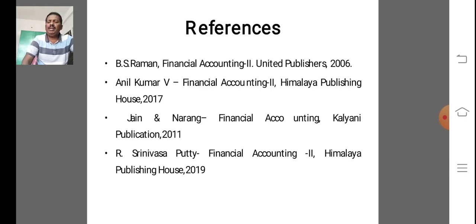However, while ascertaining the results of the branch at the end of the year, such load, the difference between the invoice or inflated price and the cost price, must be adjusted, as the load will be included in only 4 items shown in branch account, namely opening stock of goods at the branch, goods sent to the branch, goods returned by branch, and closing stock of goods at the branch.